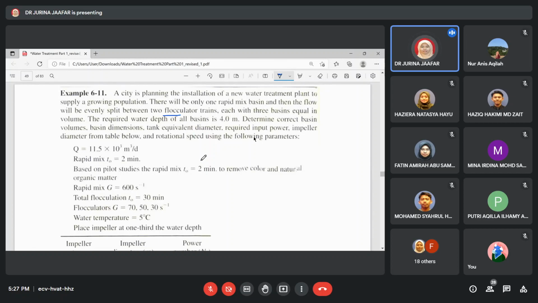There is one rapid mix basin and then the flow goes to the flocculator basins, which will receive two flows from this rapid mix basin. So from here, this sentence says they need a rapid mix basin, and then from the rapid mix it will flow into two trains. So there will be two flows, which we call trains, flocculator trains. Here is the flocculator train.